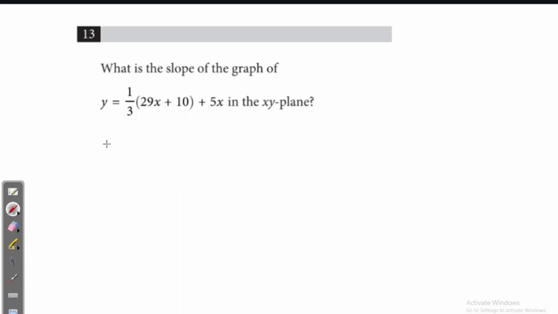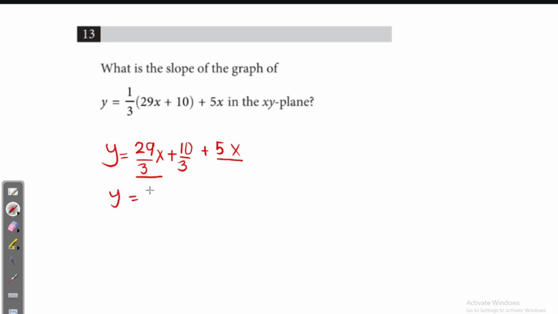Now we will solve the equation y equals 29/3 x plus 10/3 plus 5x. This term is like this term, so we will add those two terms.